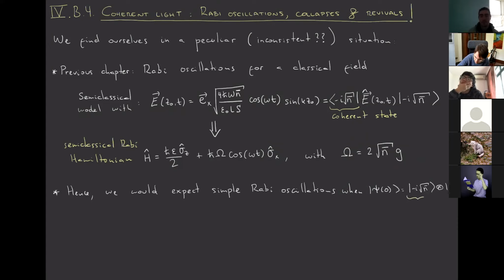So again, I remind you, this is a coherent state, not a Fock state. Okay. So we would expect simple Rabi oscillations when we start from a situation in which we have a coherent field interacting with the atom starting in the ground state.